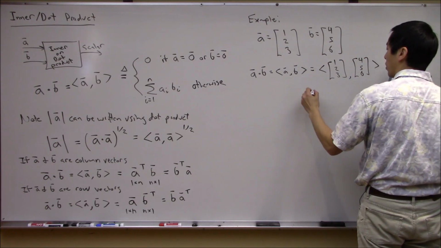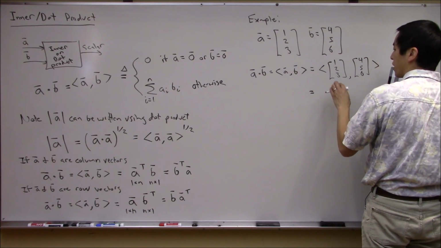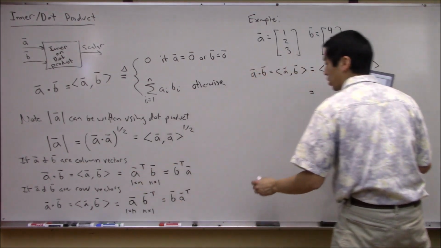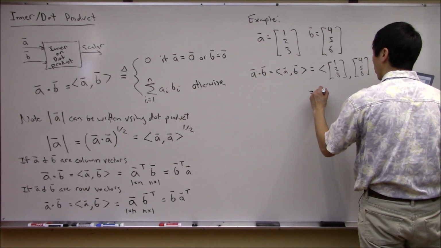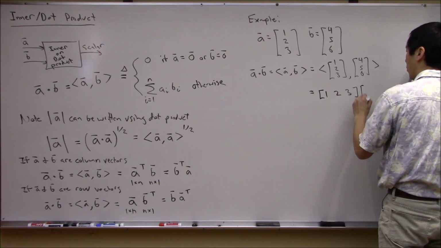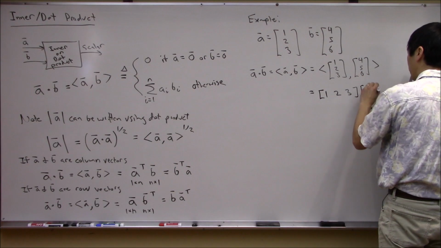So you take the inner product operation. Let's use this formula right here to make the calculation. I need to take A transpose, so here's A transpose, 1, 2, 3, matrix multiplied with 4, 5, 6.